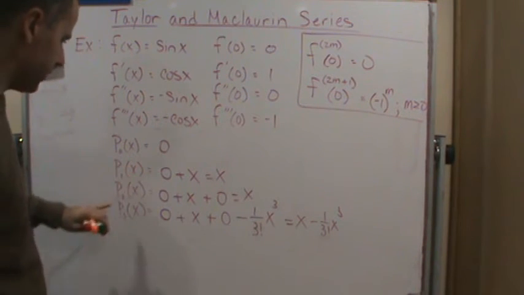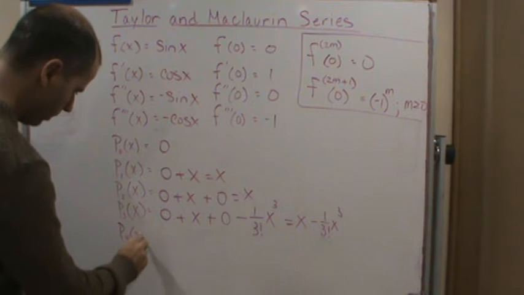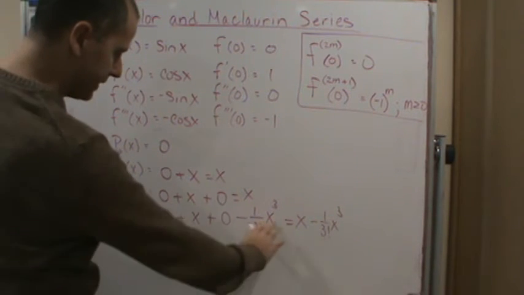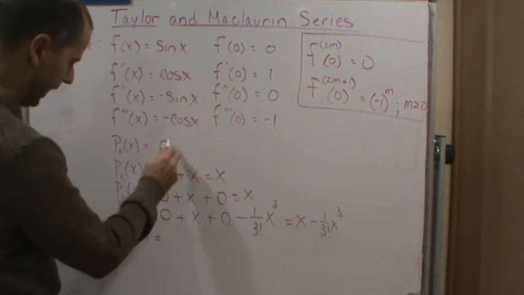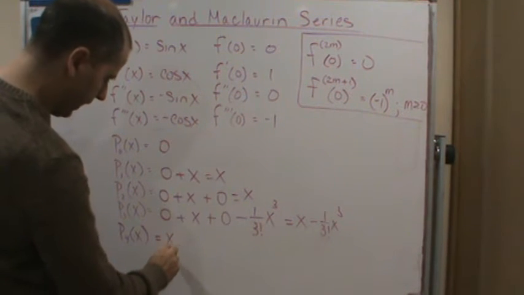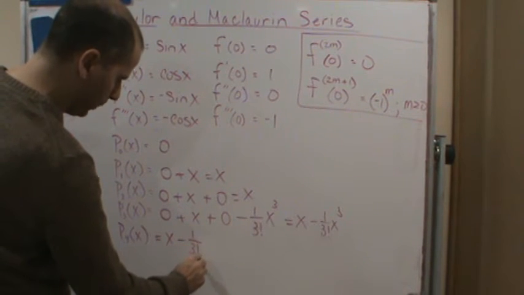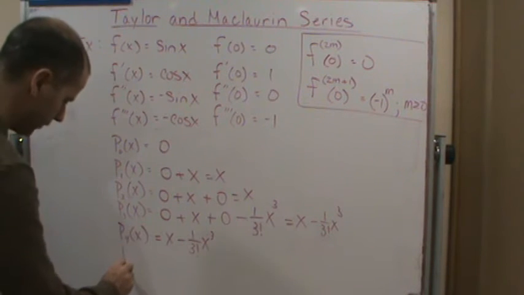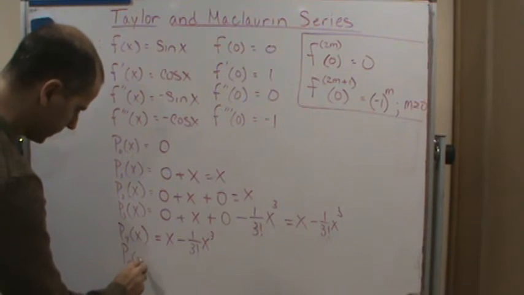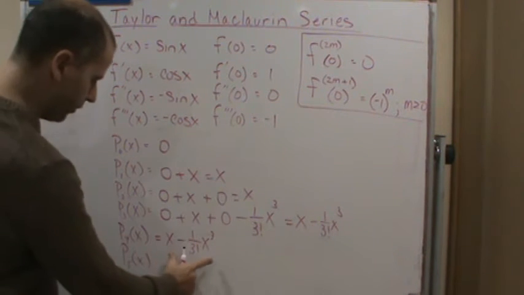So now that it's going to repeat itself, what happens with P4? Well, P4 is just going to be the same thing plus 0, right? So P4 is just going to add a 0. So this is going to end up being x minus 1/3 factorial x to the third again. And then if I do P sub 5 of x, well, now what's going to happen is I'm going to add another x to this one.